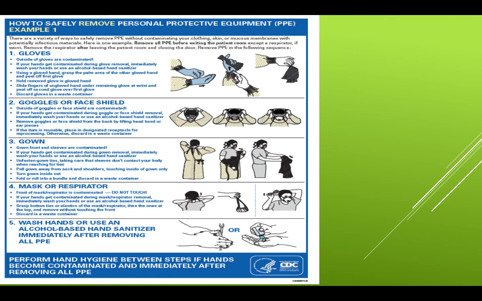Our next slide talks about how to actually remove your PPE. You're going to start with removing your gloves first. Once you've removed your gloves, just as a precaution, go ahead and sanitize and or wash your hands if you can do so without contaminating other things.